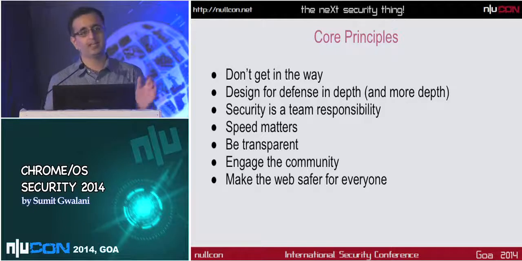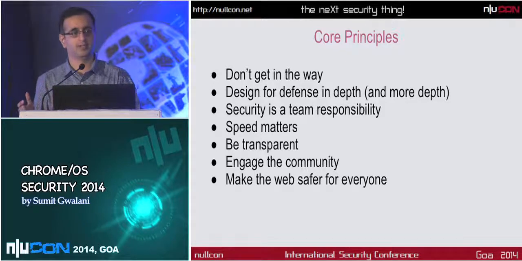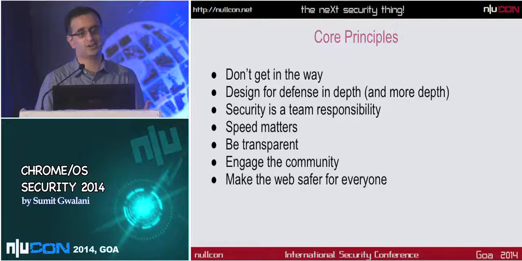Security is going to be completely useless if it's not usable. People are not going to use your secure product if the UX is not great. So it's very important to design and secure your product in a way that is very transparent, so it doesn't come in the way of the user. That's the key point here.